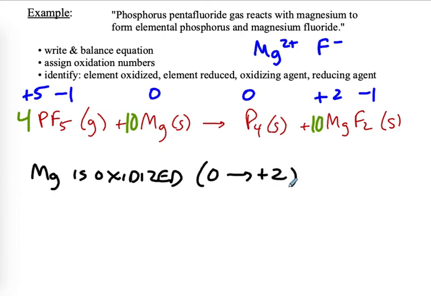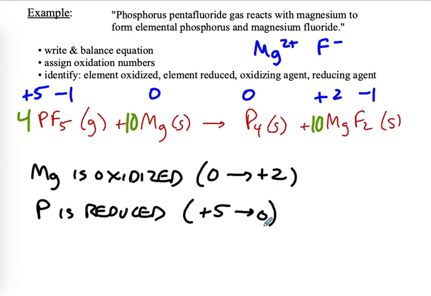Reduction is defined as a decrease in oxidation number. Which element's oxidation number is decreasing? It must be phosphorus. So phosphorus is reduced because its oxidation number is going from +5 to 0. The oxidizing agent is the reactant that is causing magnesium to be oxidized.